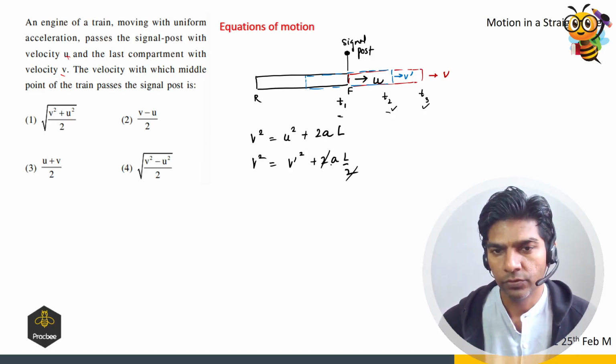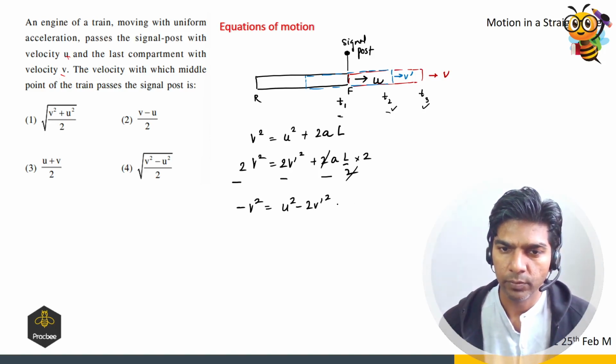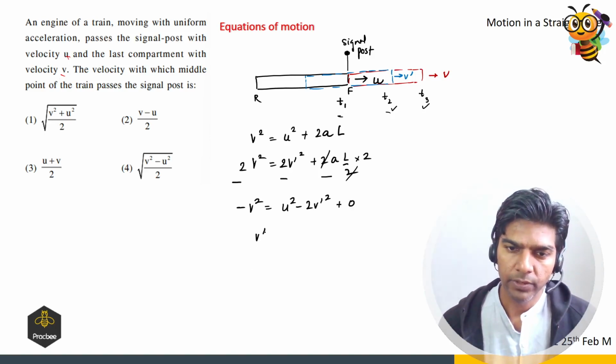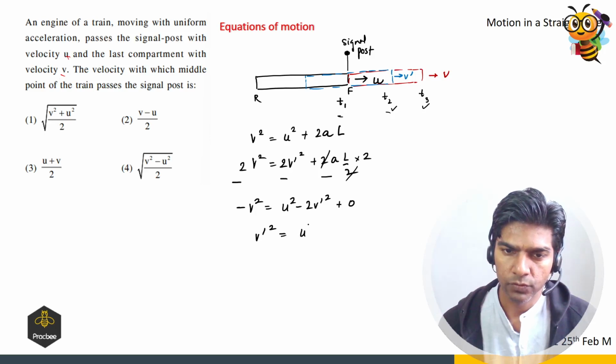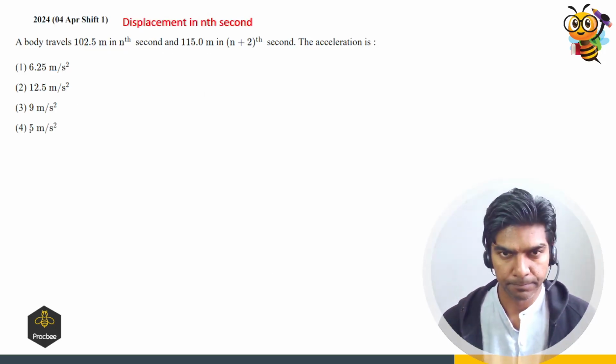So let us multiply this equation with 2, and now we can subtract these 2 equations. We'll get minus v square is equal to u square minus 2v prime square plus 0. So v prime square is equal to (u square plus v square) by 2. So v prime is the root of this, right? Root of (u square plus v square) by 2. So option 1 is the right answer.